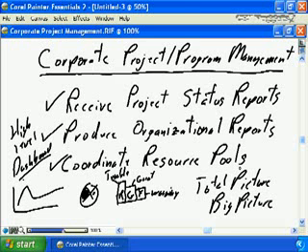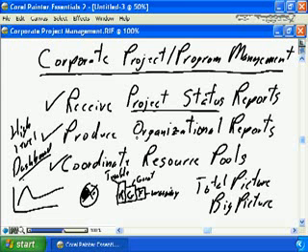And as business units need project managers, or as business units need team leaders, or as business units need analysts, or whatever the case is going to be, the PMO, because they're receiving all project status reports, because they're producing the organizational reports, are certainly in a position that they know who is available, even if they don't report directly into them, and can provide some level of coordination to ensure that resources, project-based resources, are being most effectively deployed throughout the organization.